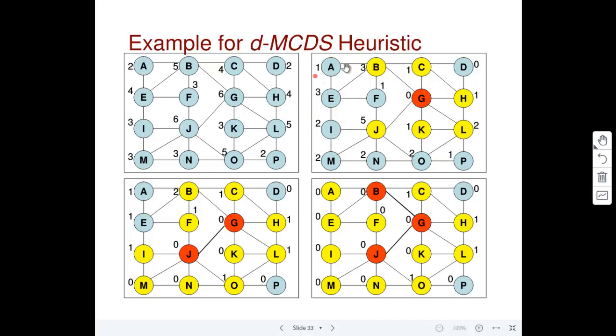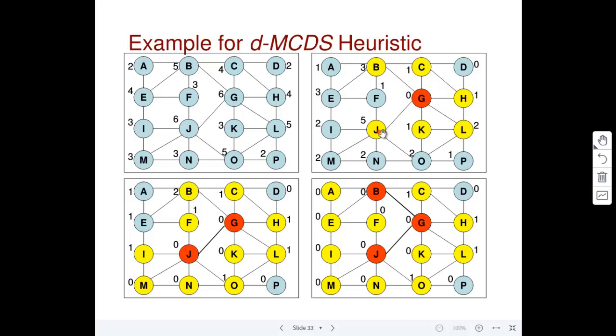So for every vertex, go ahead and find the number of uncovered neighbors based on this coloring. Now we are going to again look at only the covered vertices and see which one has the maximum number of uncovered neighbors. So in this case, J is the covered vertex that has the largest number of uncovered neighbors.